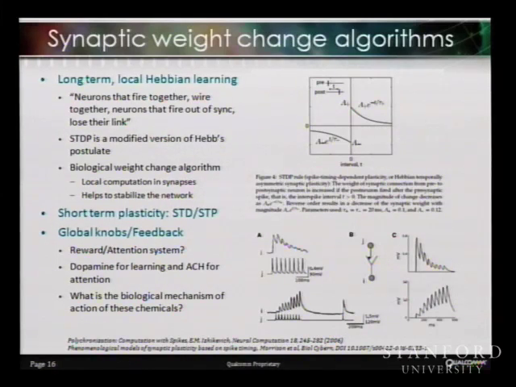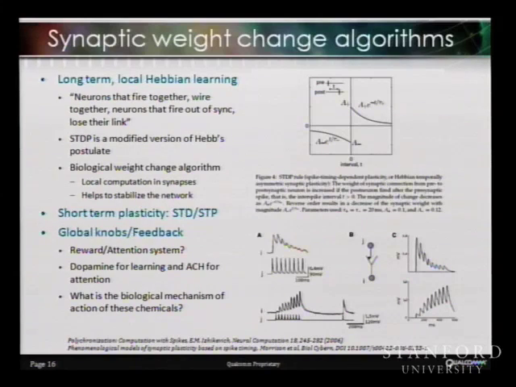There's also short-term plasticity, where there are local chemical changes in the synapses themselves which affect the weight over a very short time scale of maybe a few milliseconds or a few tens of milliseconds. In this picture, for example, the input of the neuron is a bunch of spikes coming in, and that's the output voltage as seen on the neuronal membrane. A bunch of spikes come in, and the first response is large.